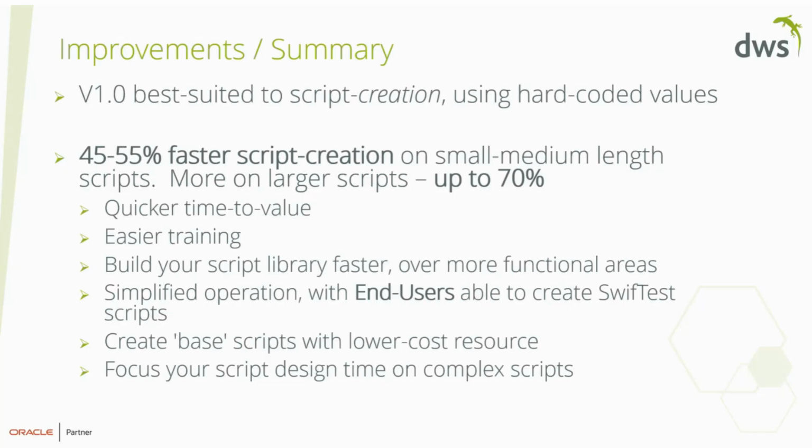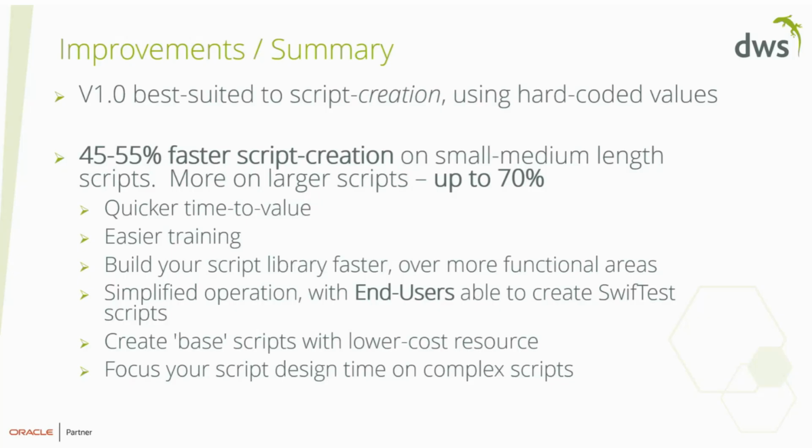And it's incremental. On larger scripts with a lot more actions than we've just seen, the savings ramp up. They can be a lot quicker. So clearly it's quicker time to value. It's also easier training. You can therefore build your script library faster over more functional areas. It's also a simplified operation.